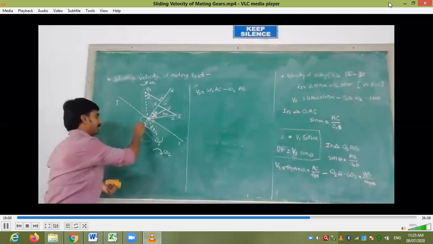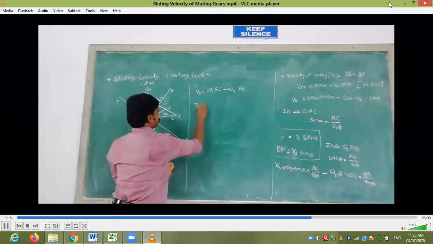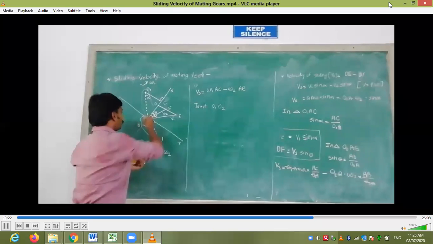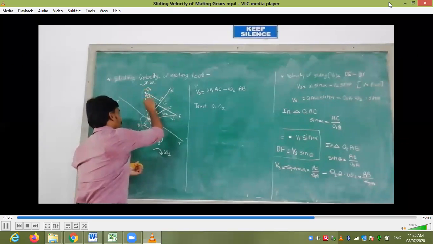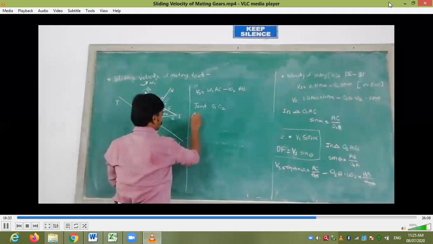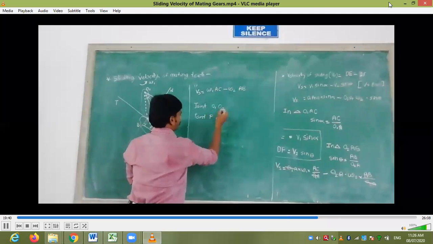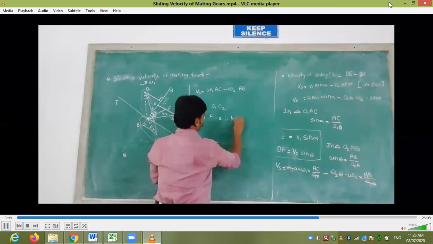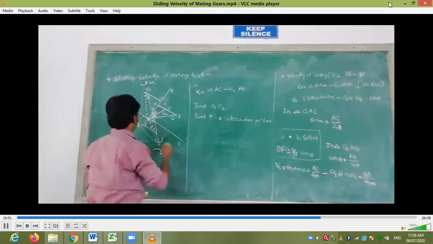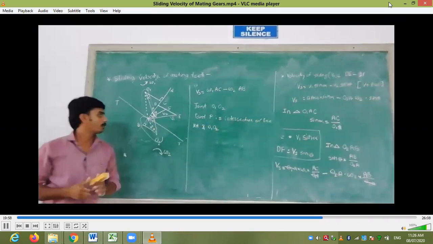If we consider this line, now join O1 to O2 and we get the point P. How can we obtain the point P?